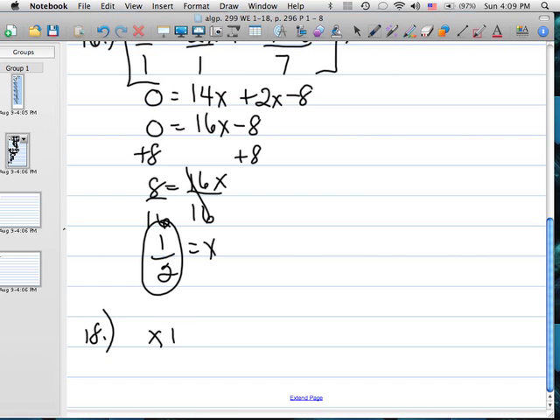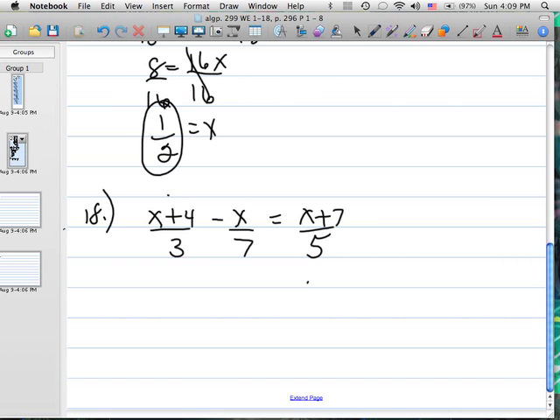And 18, you have x plus 4 over 3 minus x over 7 equals x plus 7 over 5. Least common denominator is 105, because they have nothing in common, so just multiply them out.